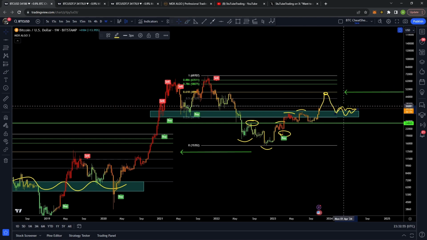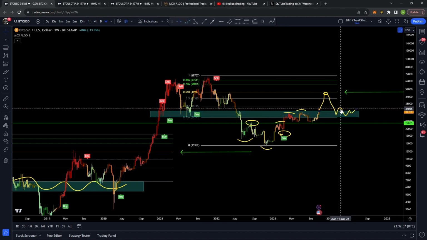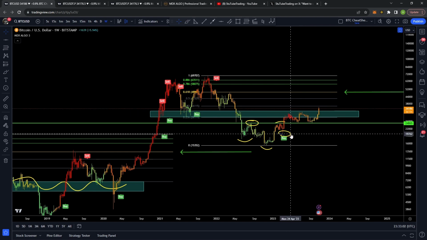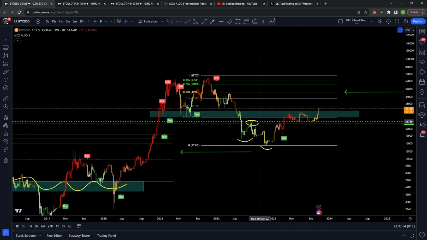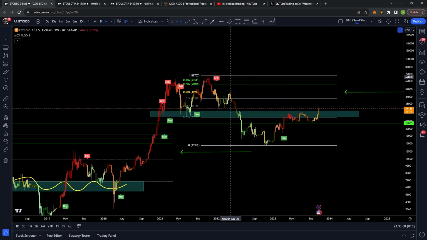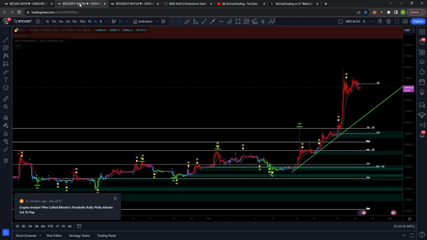Bullish divergences, hidden bullish divergences especially, would, in my opinion, be a very nice signal that the trend may be ready to continue. So that's definitely a level of interest for me as far as the macro time frame goes on the weekly.